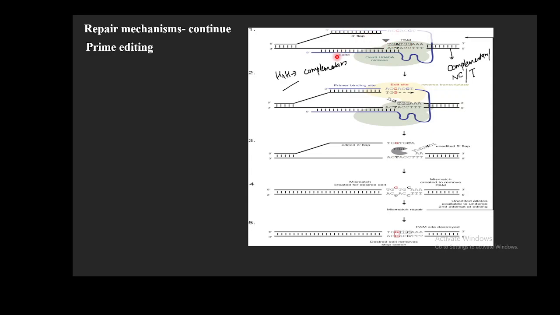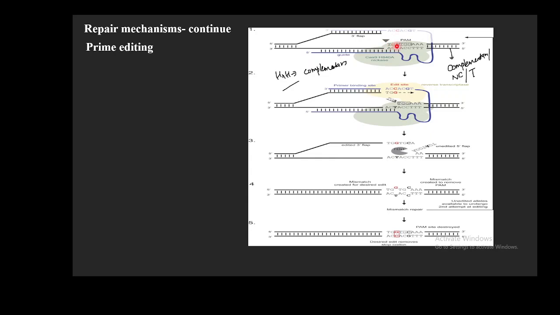Now please note this point: this guide RNA, which is also known as the prime editing guide RNA, the pegRNA, has a specific sequence at the 3' position, and this sequence you have to design by yourself. Suppose you want to convert TGA, which is the stop codon, to TGG, so that the stop codon in this particular region is removed.